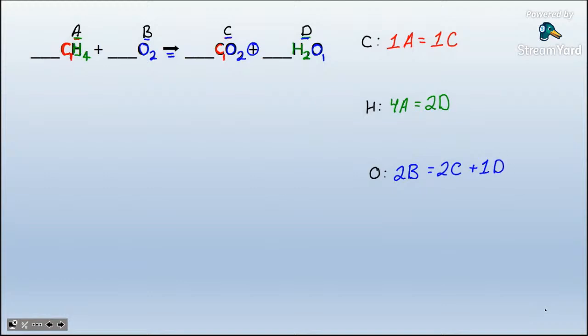So these are my equations for carbon, hydrogen, and oxygen. And now it's time to list the variables. So A, B, C, and D. I've got substances A, B, C, and D.